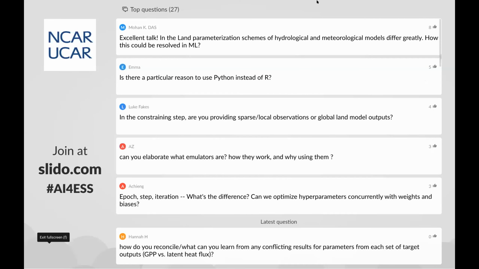So question from Mohan. The land parameterization schemes of hydrological and meteorological models differ greatly. How could this be resolved in ML? Yeah, great question, really broad question. I think we'll hear more about parameterization schemes during the rest of the week. But I agree, and that's one reason for this work. We're focused on a specific land surface model so that at least we have eliminated the structural variation of different models that I showed in the very beginning.